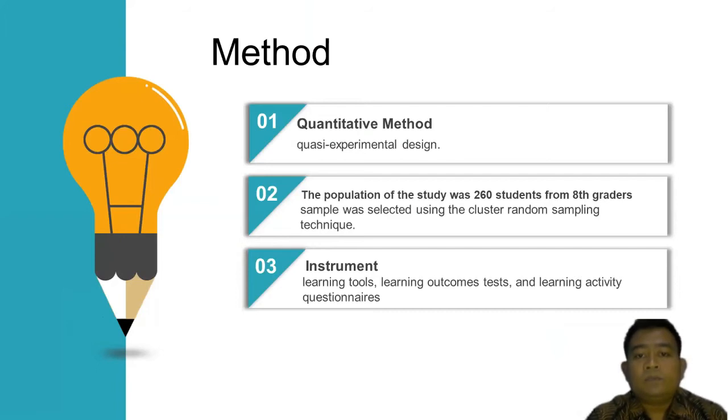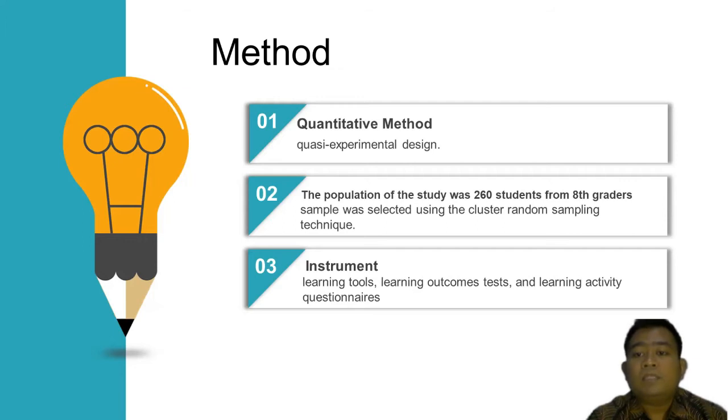This quantitative study used a quasi-experimental design and was conducted in one of the selected schools in Sragen district, Indonesia. The population of the study was 260 8th grade students. Before the study, the population had been grouped into some classes and each class consisted of 32 students.